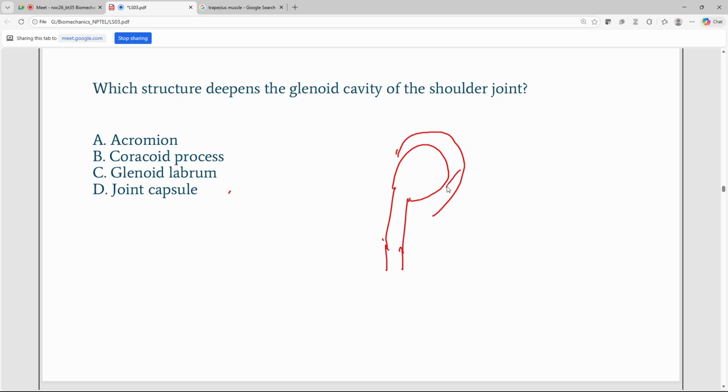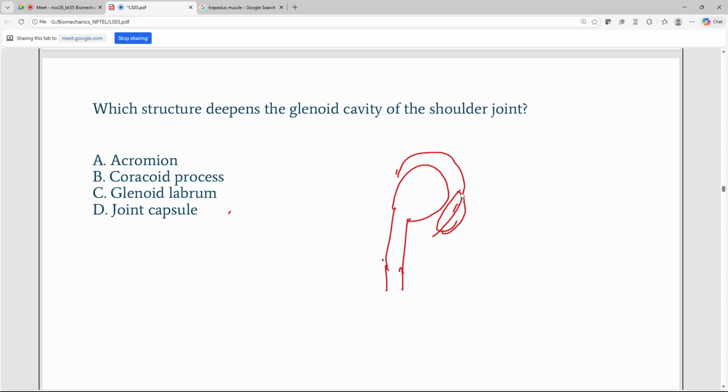So the portion which deepens somewhere here is a portion called labrum. Anything that is named with the glenoid, so it is glenoid labrum. Option C is our answer.